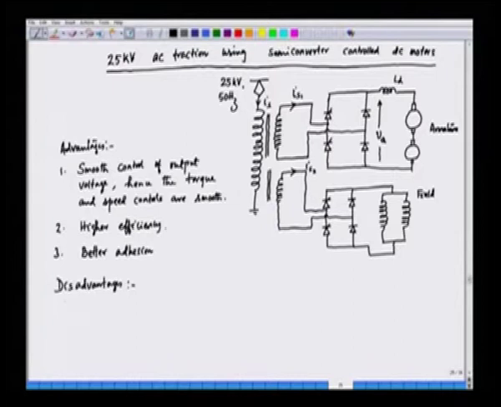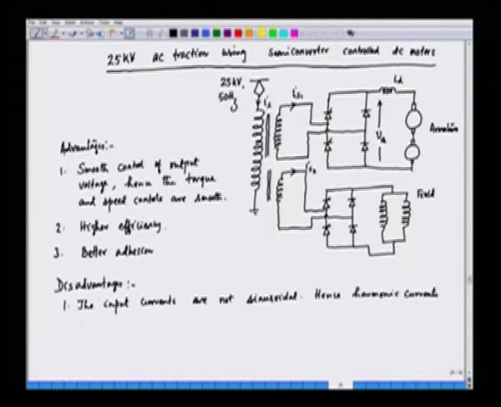So, number one, the input currents are not sinusoidal. Hence, harmonic currents are drawn from the supply.